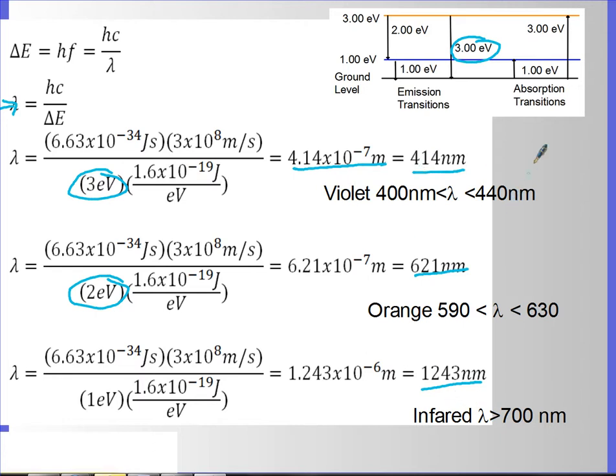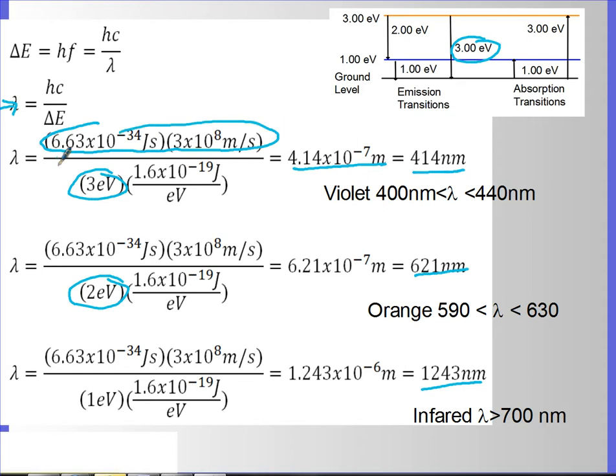Now you don't have to know that orange is between 590 and 630 nanometers. You'll have a chart. But this is exactly how you do these problems. hc, and you know what? You can go on and multiply this out.